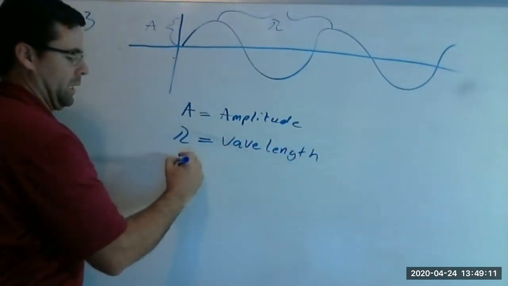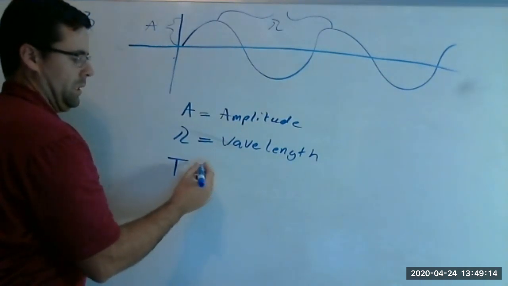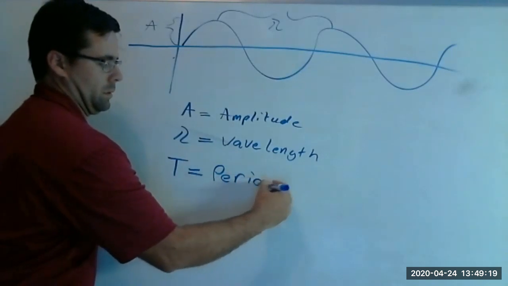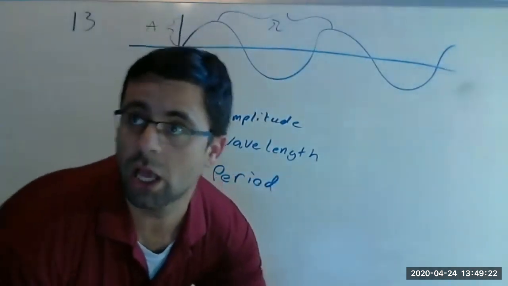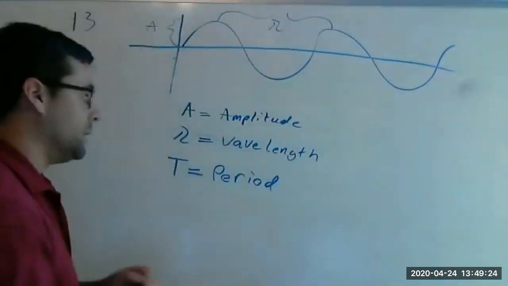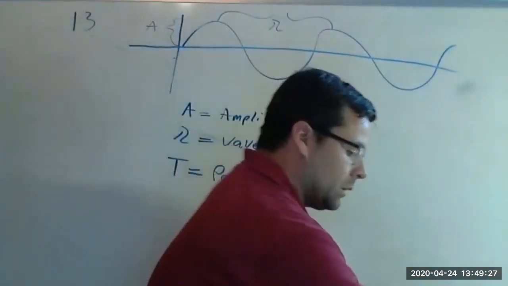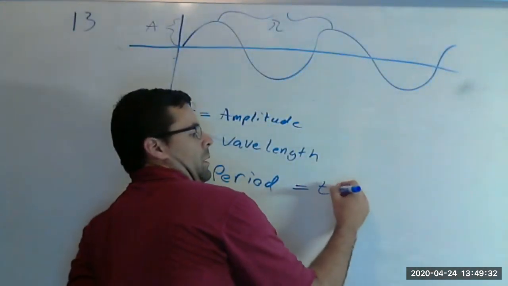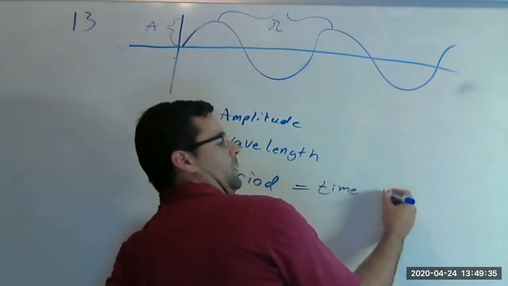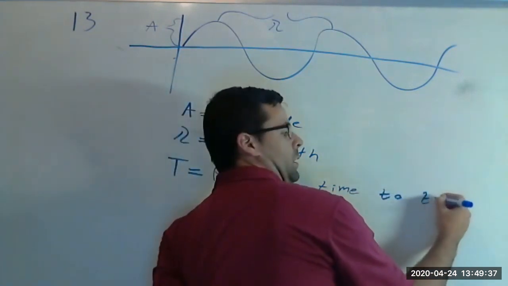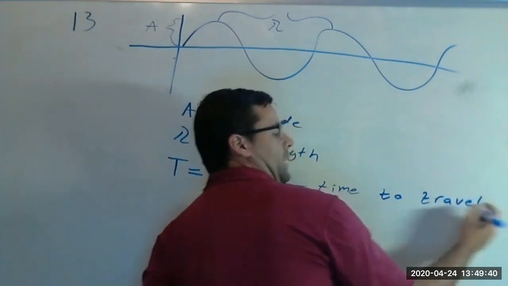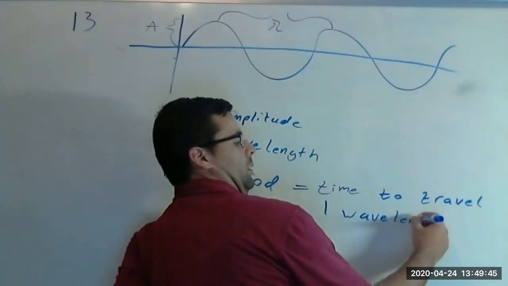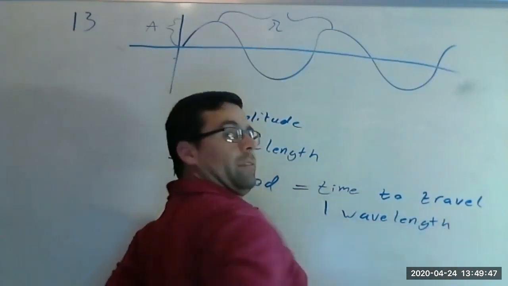and then we had T, called the period, and the period is the amount of time to travel one wavelength.